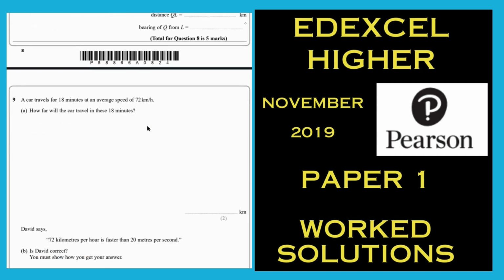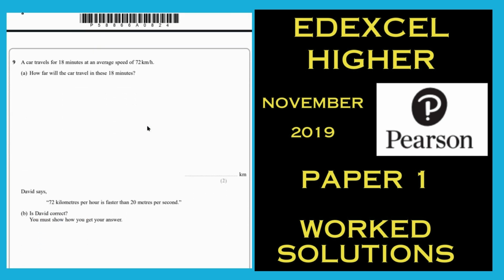On we go. Number 9, 18 minutes. Lots of ways of going about this one. I'm about to do it a very slow way, but it does illustrate what's going on. It's nice if your brain doesn't like 18 minutes because it's not a standard fraction of an hour, really, is it? We've got 72 kilometers per hour means 72 kilometers is covered in 60 minutes.